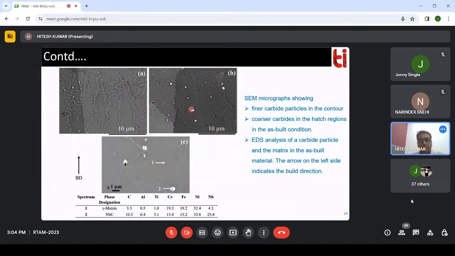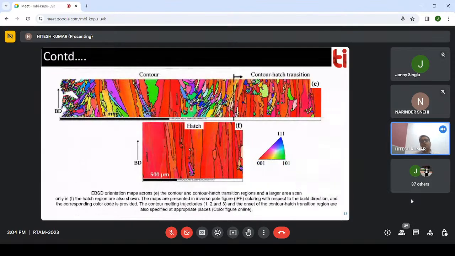If we talk about nickel 718, as told earlier, n number of precipitates can be observed. One is the presence of different types of carbides, because niobium is there. Other than that, gamma prime, gamma double prime, and delta phases can also be present in your material.